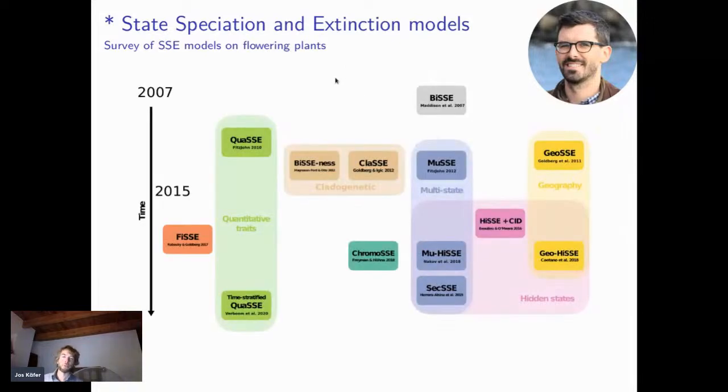Before that, he did a survey of SSE methods themselves, and he drew this nice figure showing the evolution of SSE models over time, from 2007, when BiSSE was introduced, with extensions to quantitative states, cladogenesis, and multiple states. After 2015, we saw the development of hidden states as well.